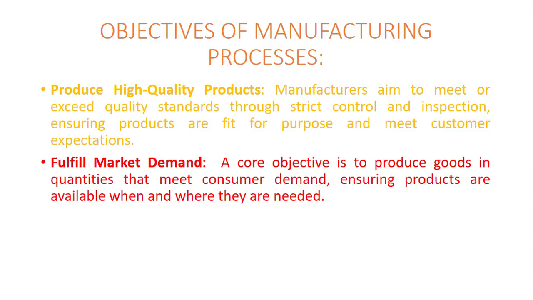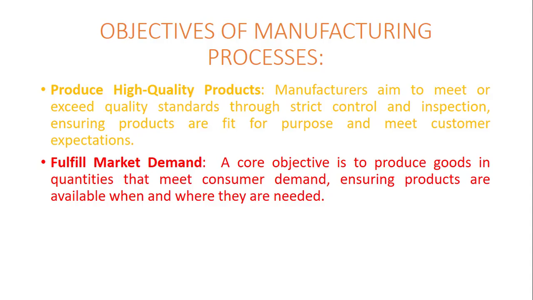Before that, let us be clear on the objectives of manufacturing process. The main primary objective of undergoing the course on manufacturing process is to study the importance of high mass production products with a better quality.